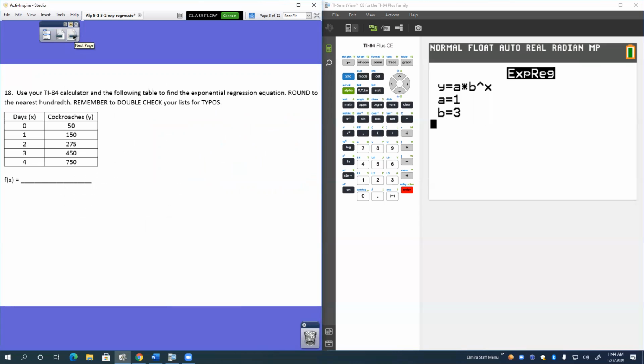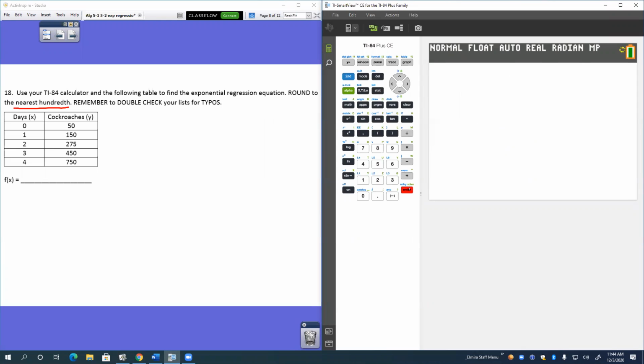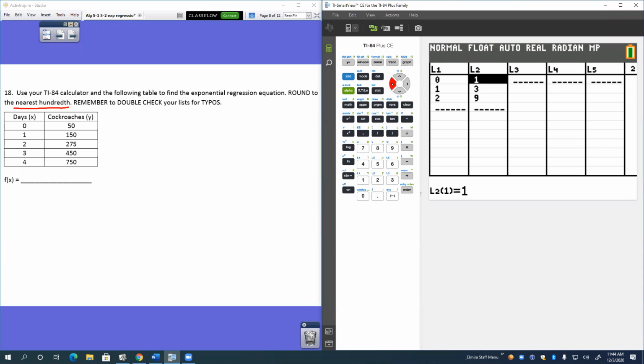Use your calculator and the following table to find the exponential regression equation. Notice that it says to round to the nearest hundredth. Go ahead and try this one, please. So again, we're going to Stat Edit, and we are typing in these values from the table.